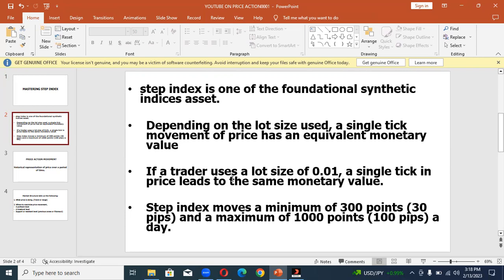So if you are trading with a micro lot, of course, definitely what you're going to get will be 1 cent per pip rise or fall of the price. Okay. Now, the beautiful thing is that step index moves, from my own personal observation, a minimum of 300 points, that is 30 pips, and a maximum of 1,000 points, that is 100 pips in a day.